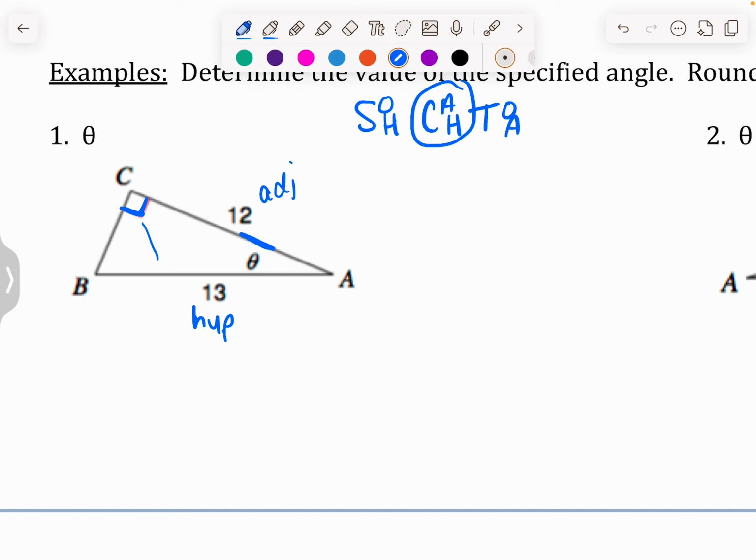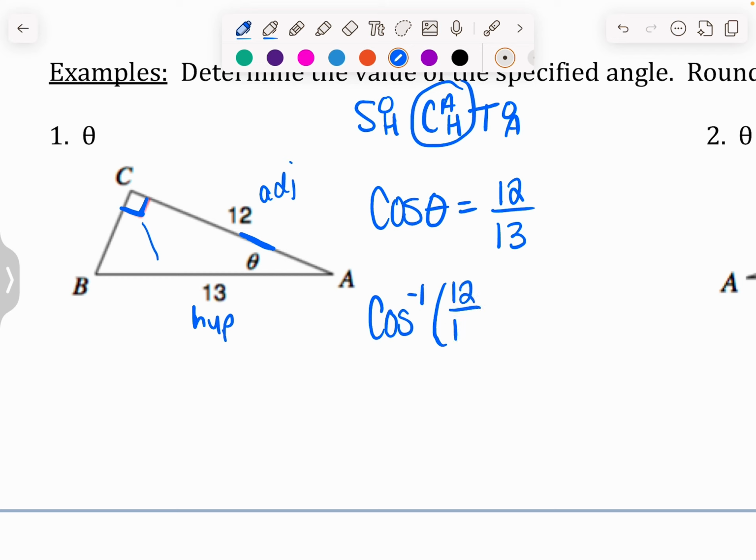So typically you'd say, okay, cosine of that angle is going to equal the adjacent side over the hypotenuse, which means that the inverse cosine of the fraction will give you the angle.